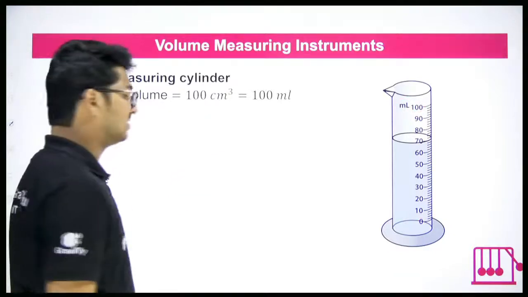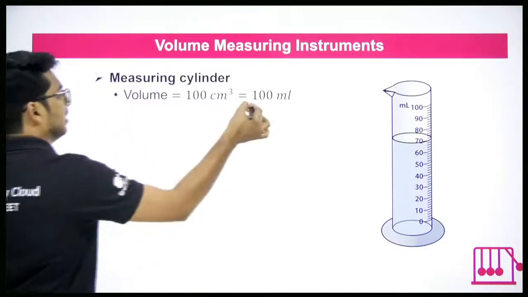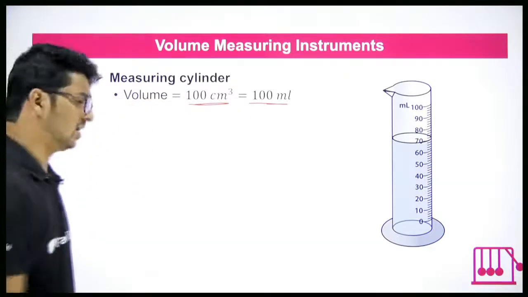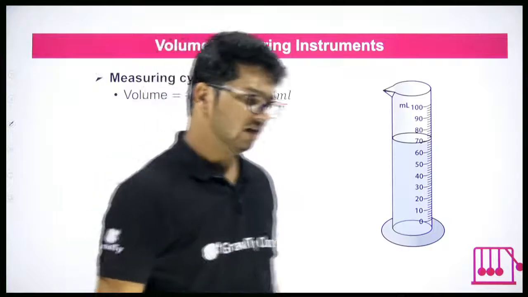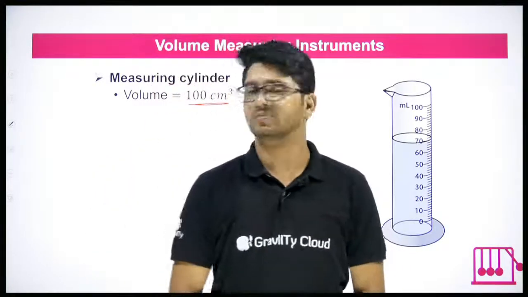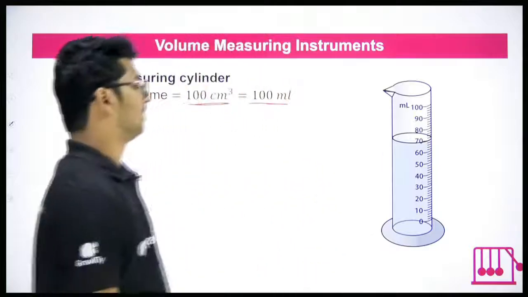But 1 ml is 1 centimeter cube. So 100 ml is nothing but 100 centimeter cube. Can you have measuring cylinders of different volume capacities? Yes, you can. We can always make it. Not an issue. Okay, good.